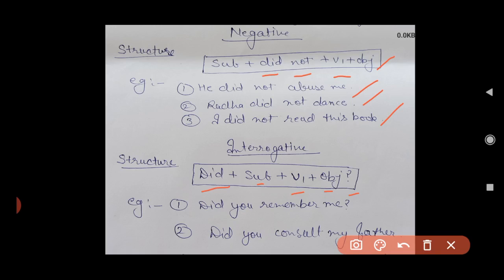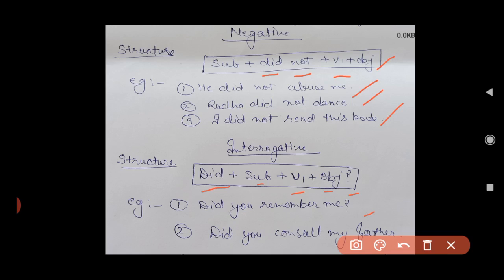Okay, the examples of past indefinite interrogative sentences are: did you remember me? First of all we have to put did, and after that the subject you, and after that the verb's first form remember, and at last the object, and at the end of the sentence we have to put a question mark.